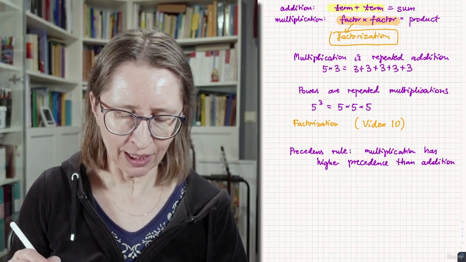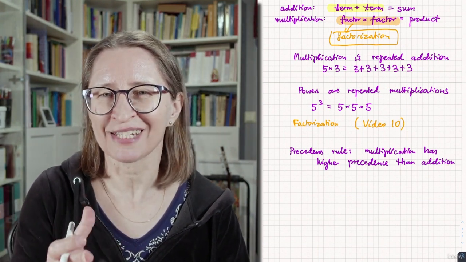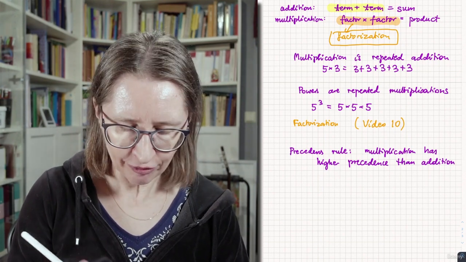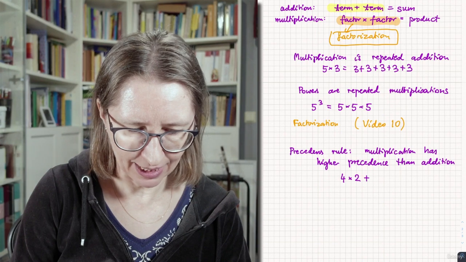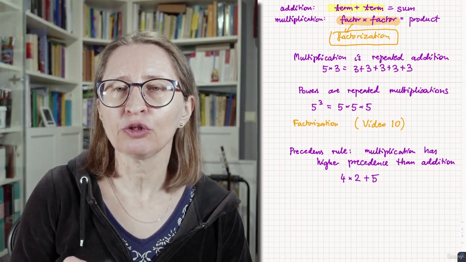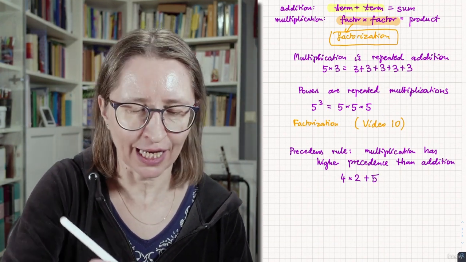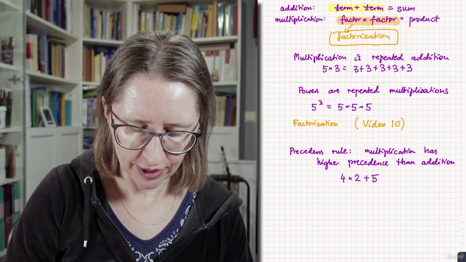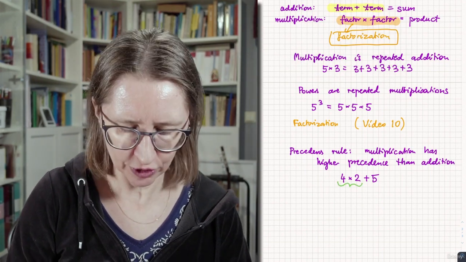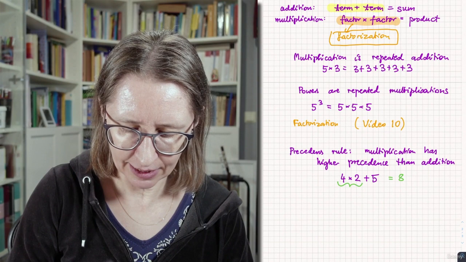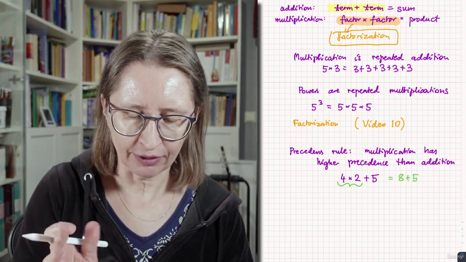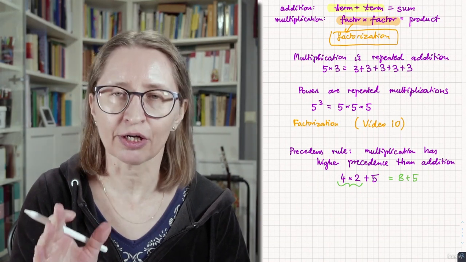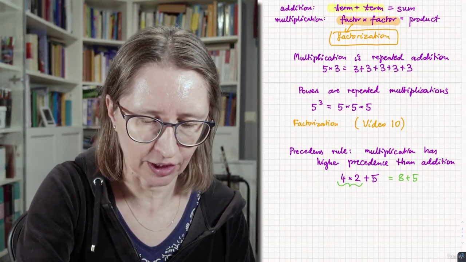How should you understand it? If you have, for example, 4 times 2 plus 5, then you should perform multiplication first. So this one should be computed first. So this is 8 plus 5, right? This means that multiplication has higher precedence than addition.